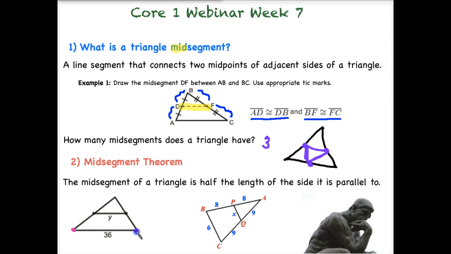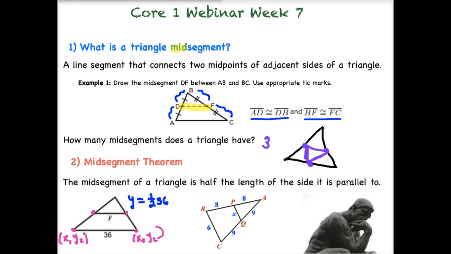If I knew the coordinates x1, y1 and x2, y2, I can calculate this distance and get 36, and then calculate the distance between this point and this point. What I would find is that this distance is half of that distance. So y is going to equal 1/2 of 36.